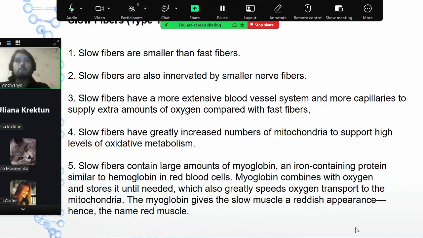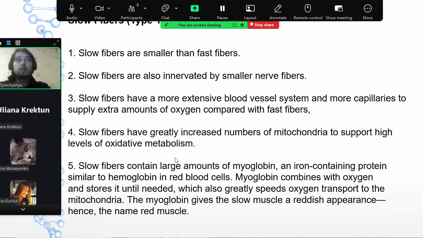Slow fibers have a more extensive blood vessel system and more capillaries to supply extra amounts of oxygen compared with fast fibers. And slow fibers have greatly increased numbers of mitochondria to support high levels of oxidative metabolism, and slow fibers contain large amounts of myoglobin, an iron-containing protein pretty similar to hemoglobin in red blood cells, and it stores some oxygen until the moment that they will need it.